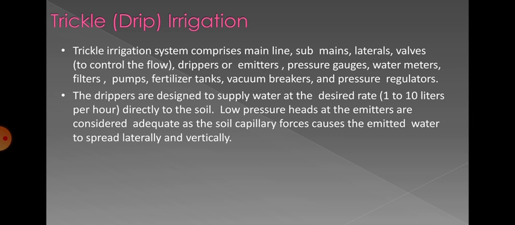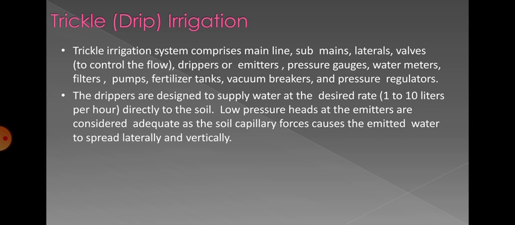So now we will discuss the trickle, or we can say drip irrigation. A trickle irrigation system comprises mainline, submains, laterals, valves for controlling the flow, drippers or emitters, pressure gauges, water meters, filters, pumps, fertilizer tanks, vacuum breakers, and pressure regulators.